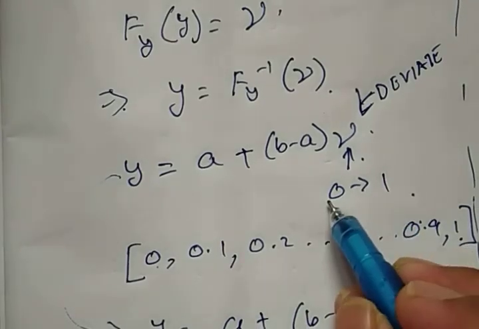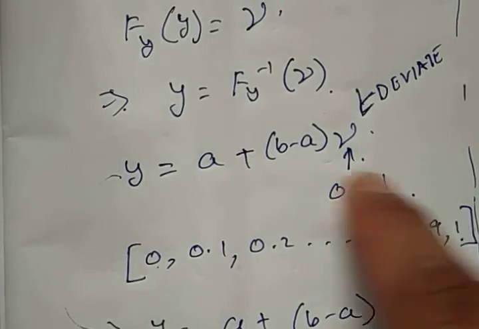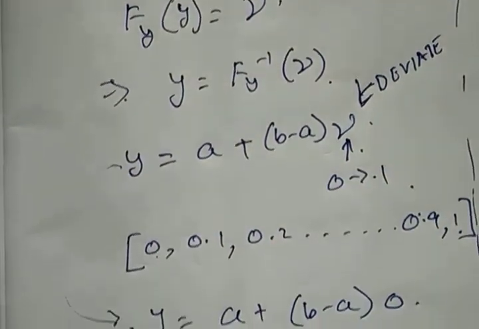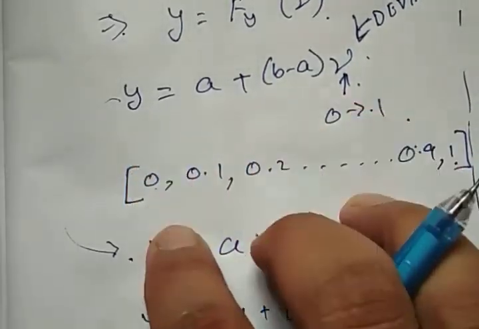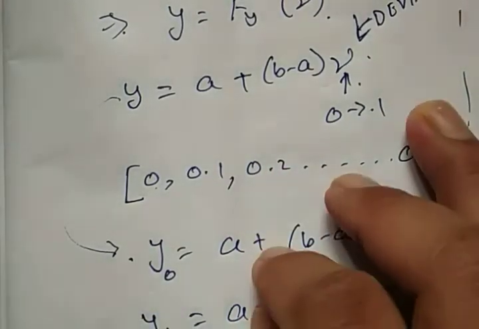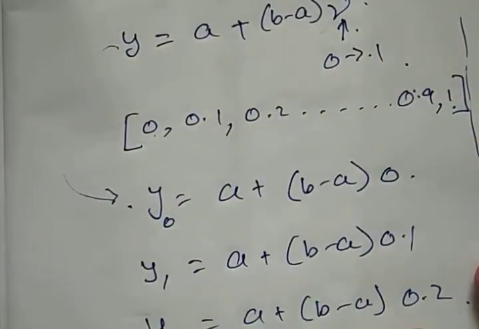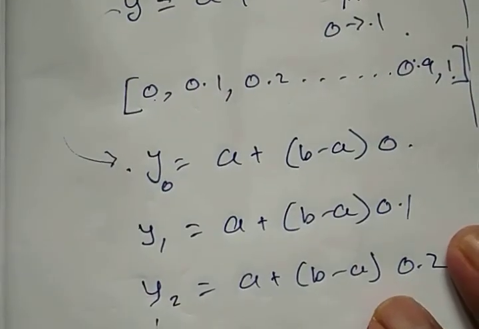It has to range from 0 to 1, and when this varies, my y also varies. So y cannot have any impractical values, because your deviate does not have any impractical values. As a result, you get a large data set of y, and depending on that you can do the statistical analysis of it.